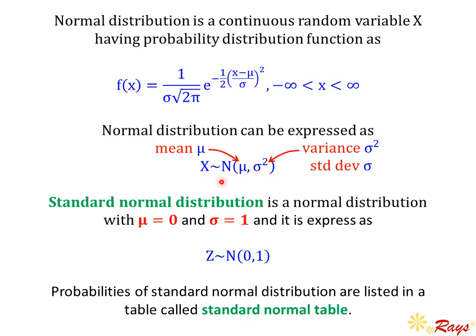For any ordinary normal distribution where mean is other than 0 and variance is other than 1, we have to convert it into standard normal first, then only we can refer to the table of probabilities.